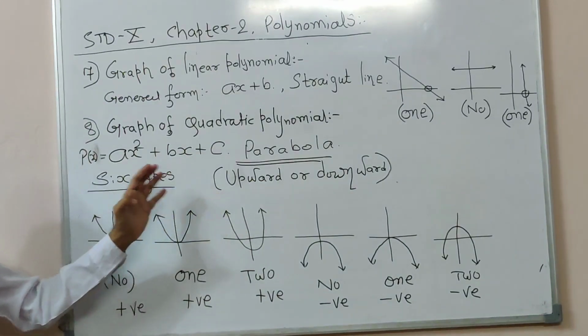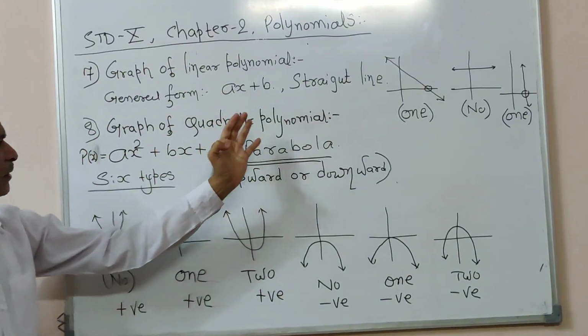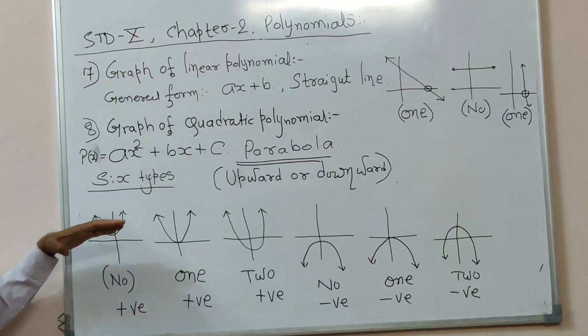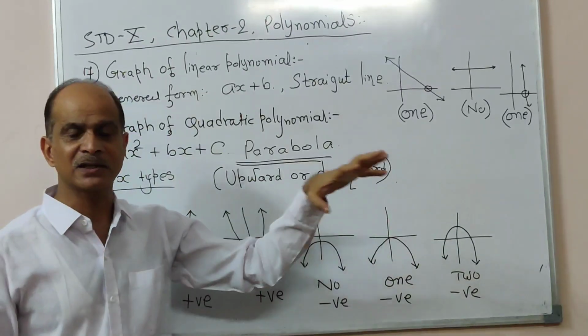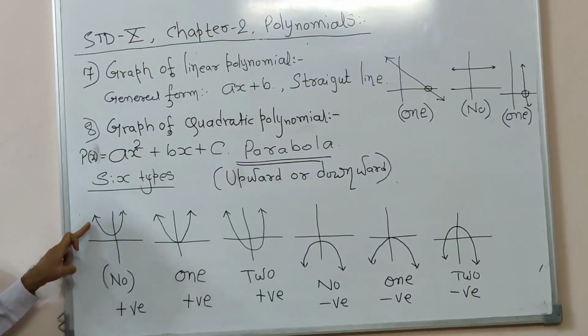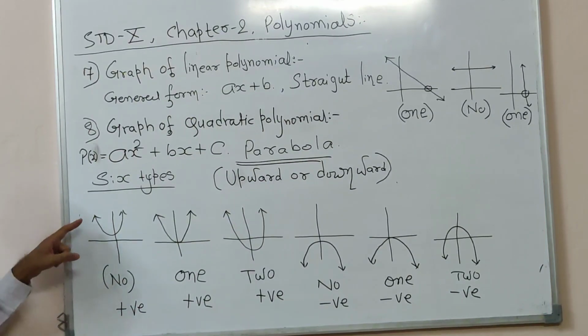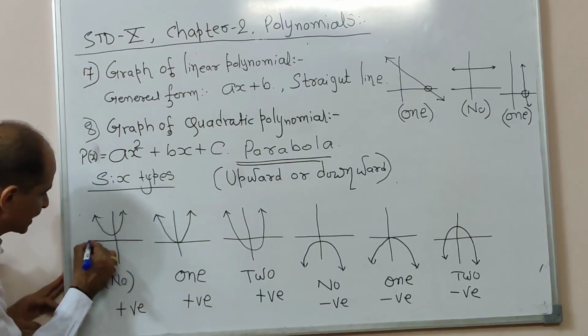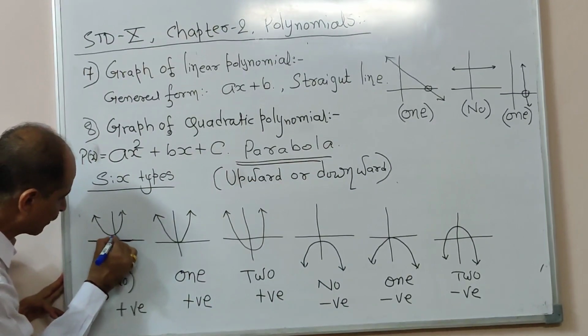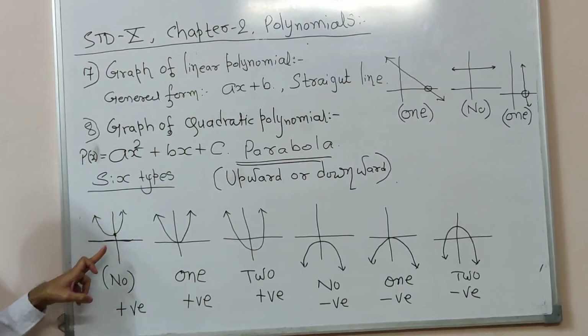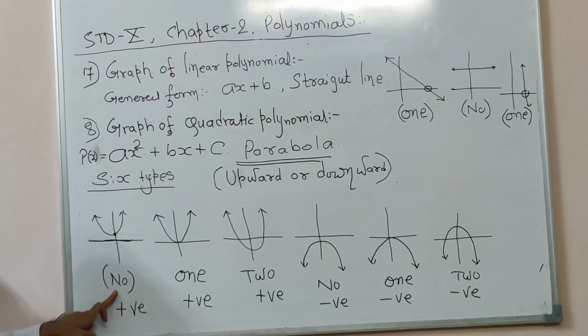Well, if you draw the graph of a quadratic polynomial, you will find there are 6 types of varieties of this graph. First one, it is an upward parabola and the coefficient of x square is positive. And this graph does not intersect the x-axis. Though it intersects the y-axis, it does not intersect the x-axis, and that's why it has no zero.